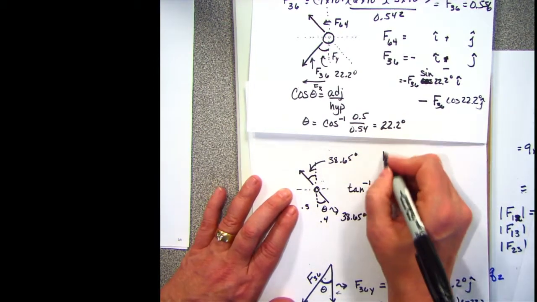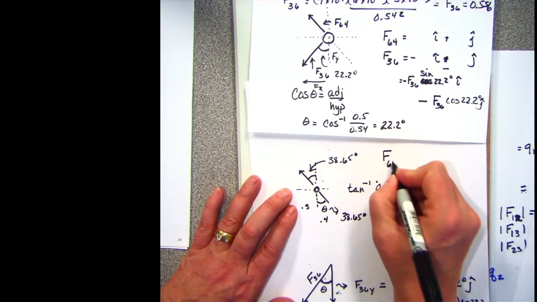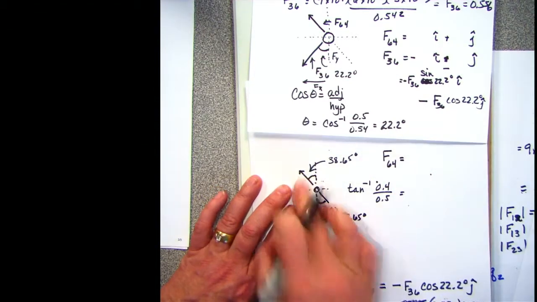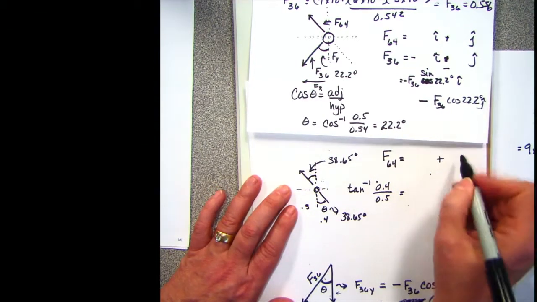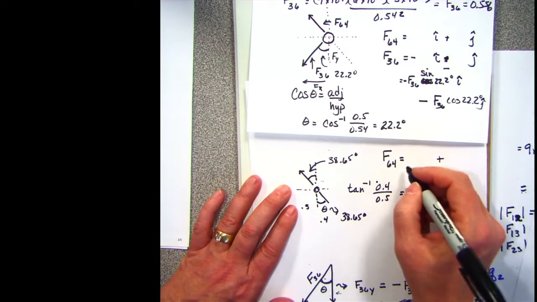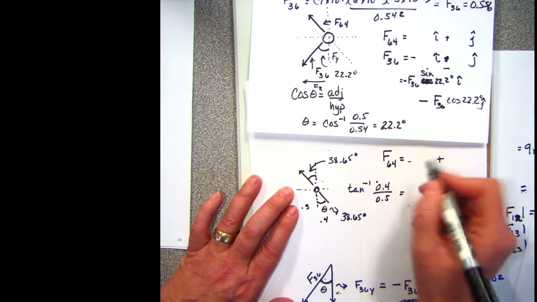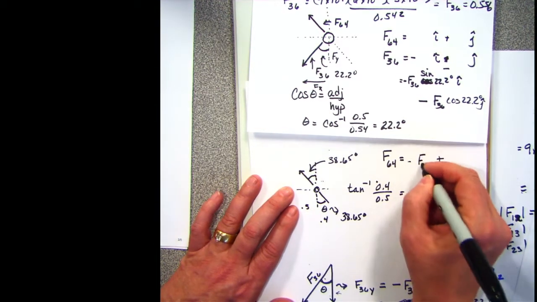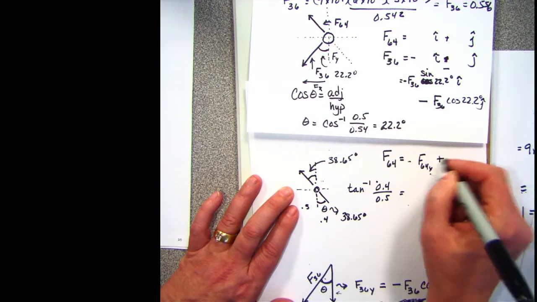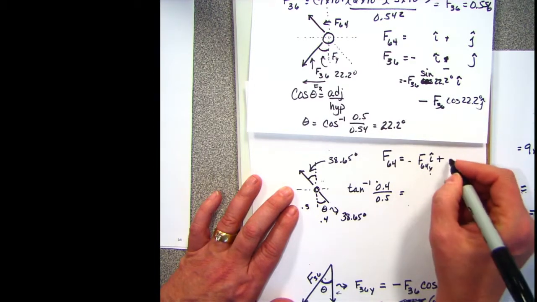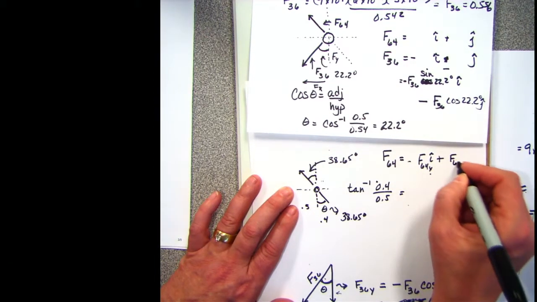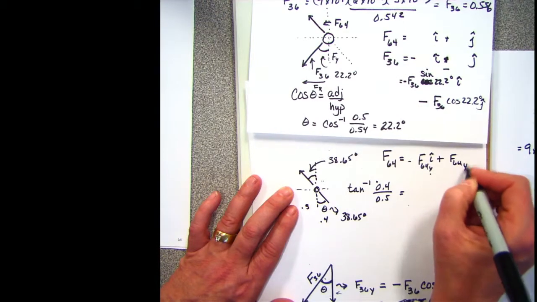So now my force 6,4 is going to be in the positive y direction and the negative x direction. So this will be 6,4x in the I, and this is positive 6,4y in the j.